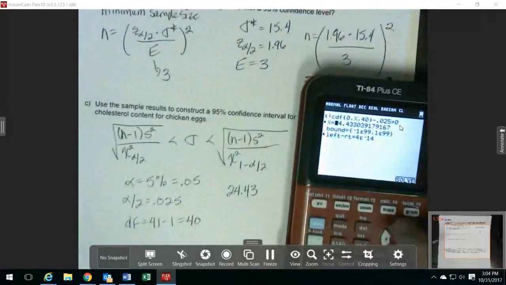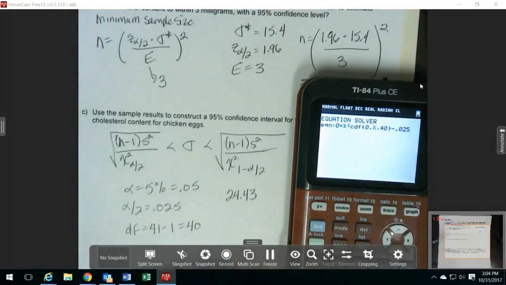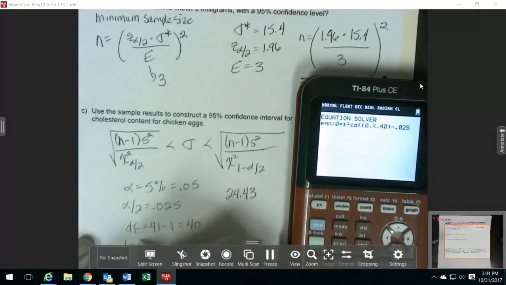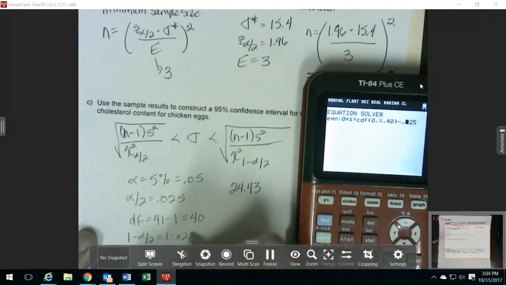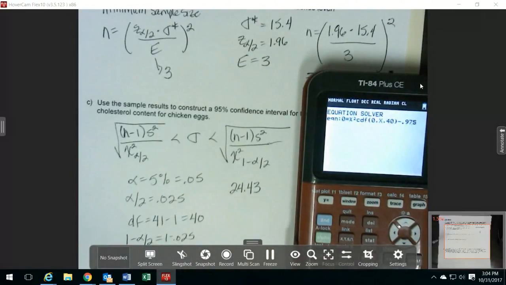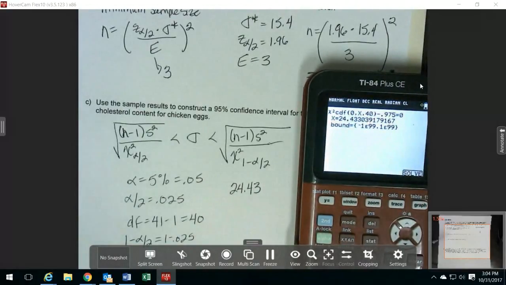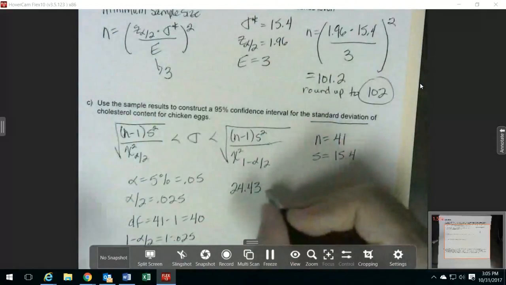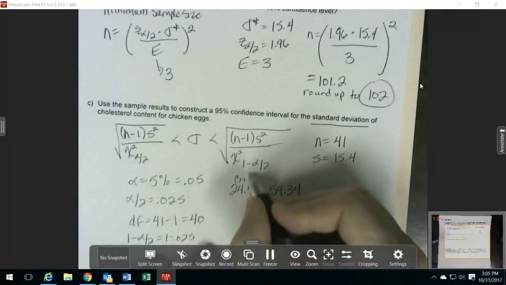Then I'm going to do this over. I'm just going to change this number over here to 1 minus alpha over 2. So 1 minus 0.025 is going to be 0.975. Recalculating again. So that's 59.34. So these are my critical values.